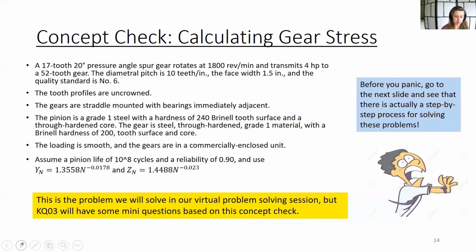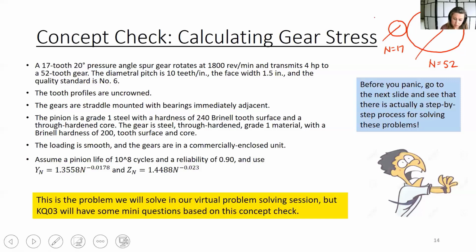A 17-tooth, 20-degree pressure angle spur pinion rotates at 1,800 revolutions per minute and transmits 4 horsepower to a 52-tooth gear. So we have N equals 17, N equals 52, 1,800 RPM, and we're transferring 4 horsepower.